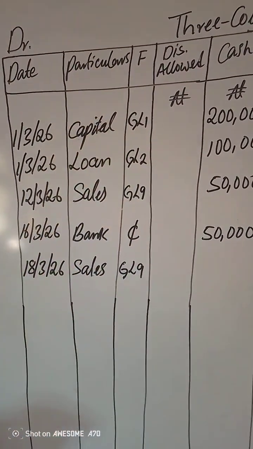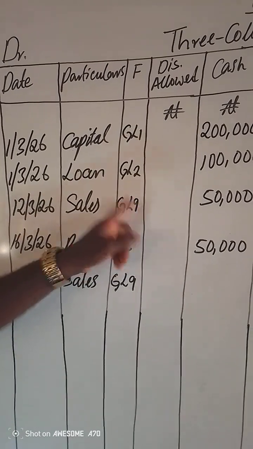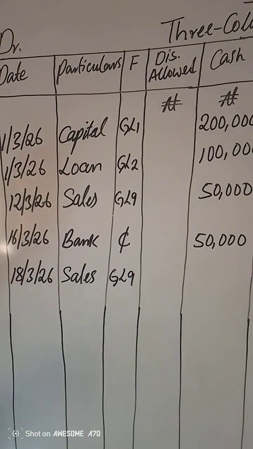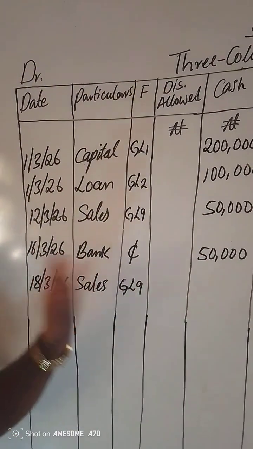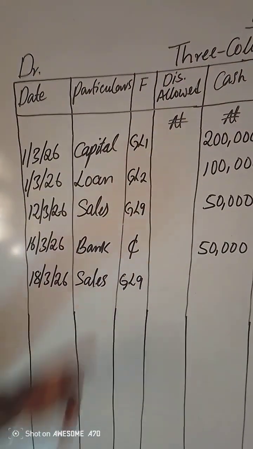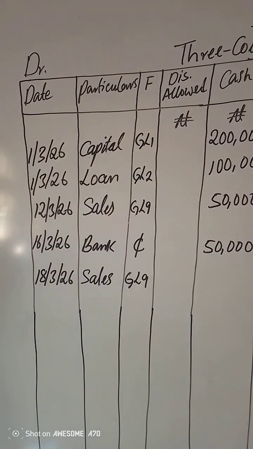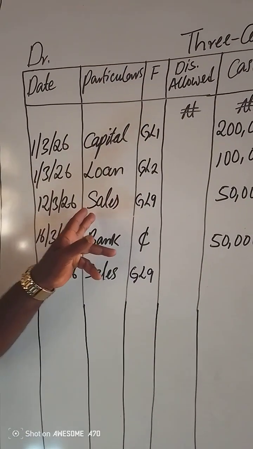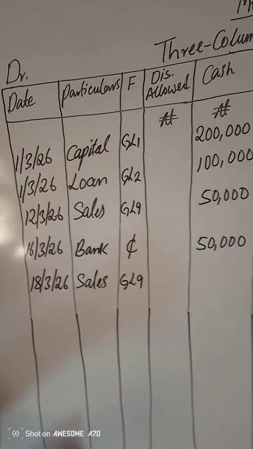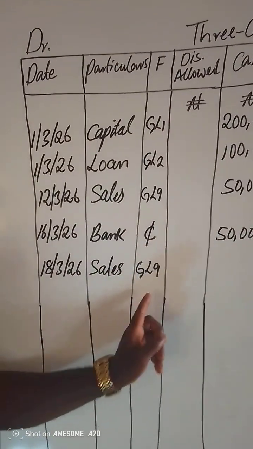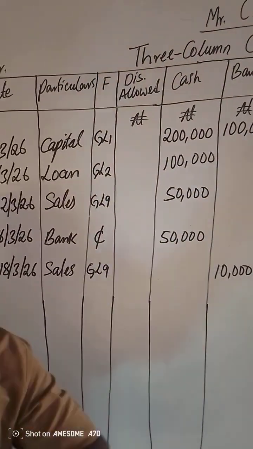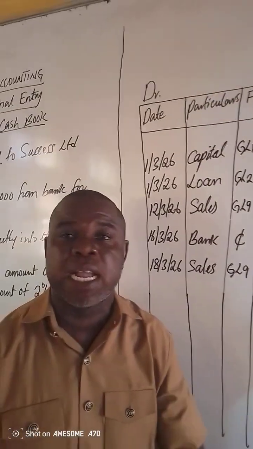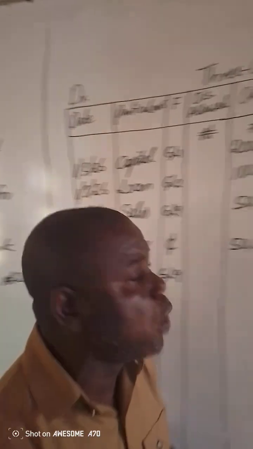If you look up here, that sales was General Ledger 9. So now that we're going to record sales again, the folio is still General Ledger 9. You cannot say General Ledger 10 or 11. No, you have to go back and use the same ledger number that the account was having. But don't worry, I'm going to have a full class to treat folio, which most learners find difficult to handle in accounting. I'm going to do justice to that.